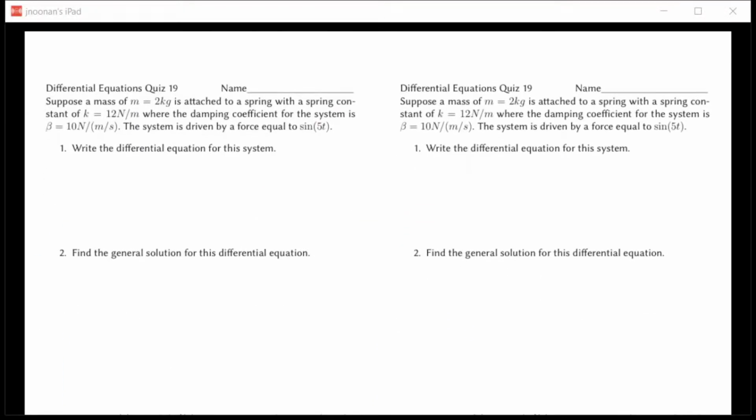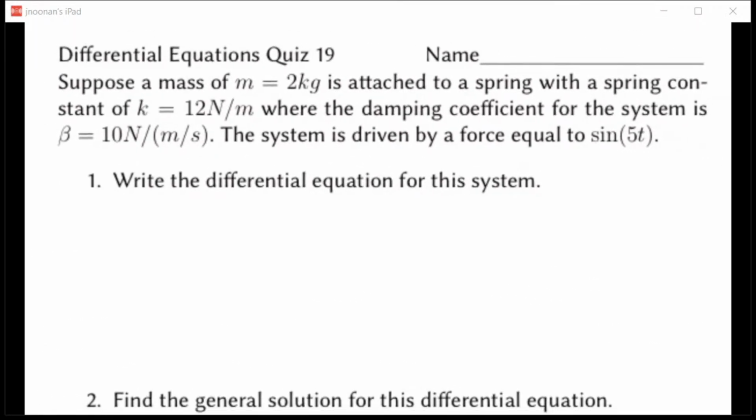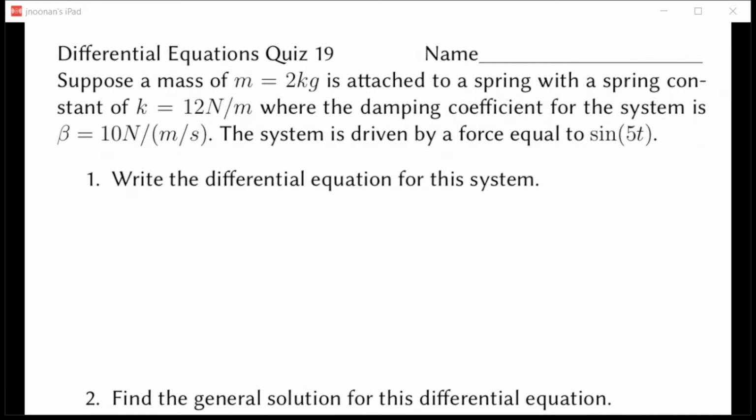I'll put this up here. Oh, so you're cutting. We're going to get into the right. Why is it Thursday?